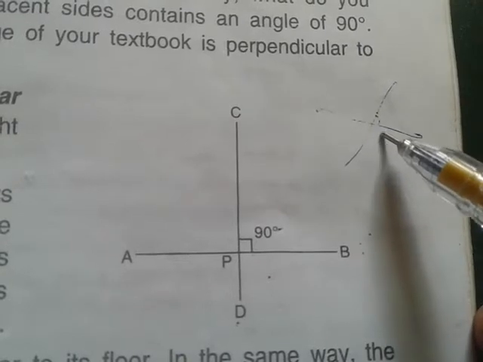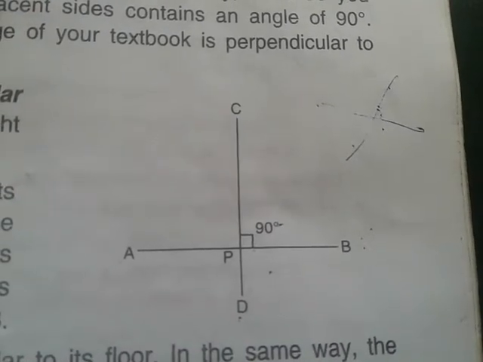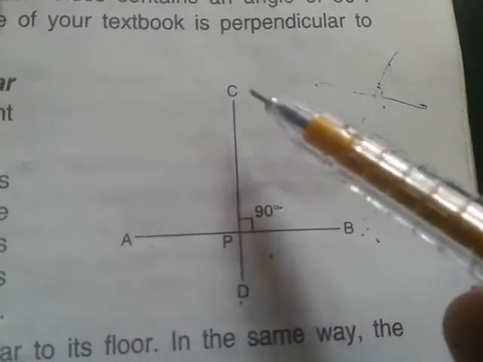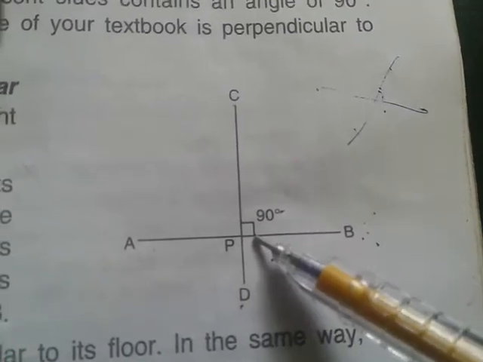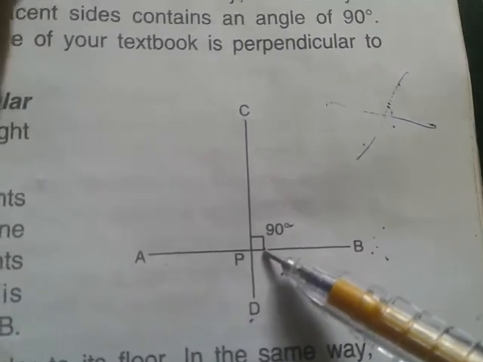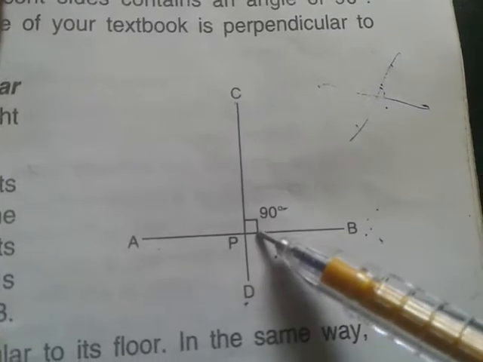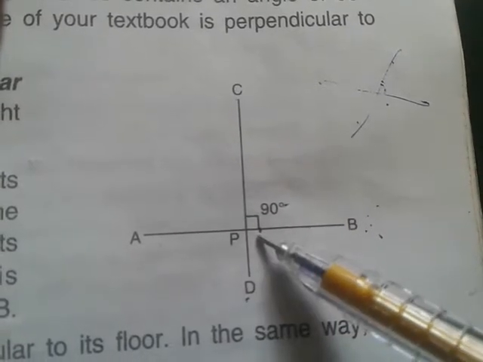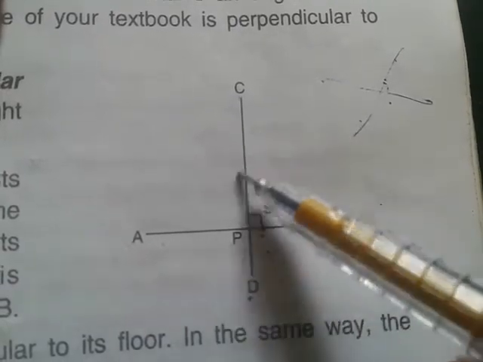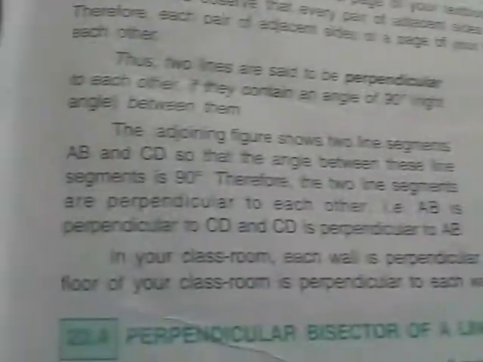But if this becomes 90 degrees, then we say they are perpendicular to each other. Means here CD is perpendicular to AB or AB is perpendicular to CD because they form 90 degrees. If they do not form 90 degrees, they are just intersecting. But if they form a right angle, that means it is perpendicular. These are perpendicular lines.